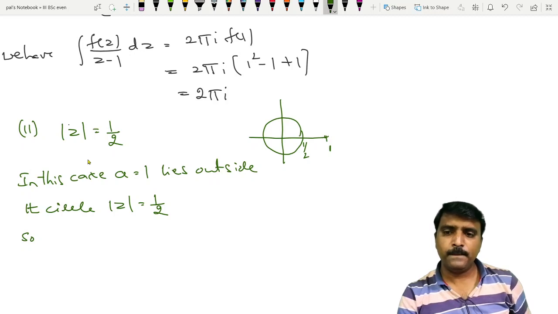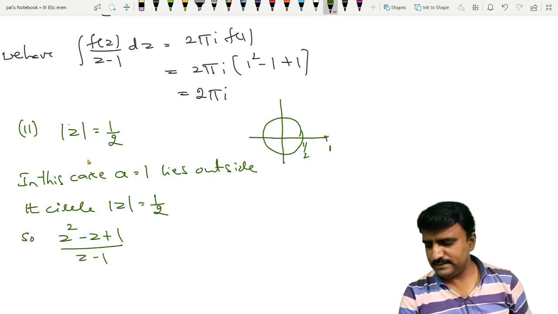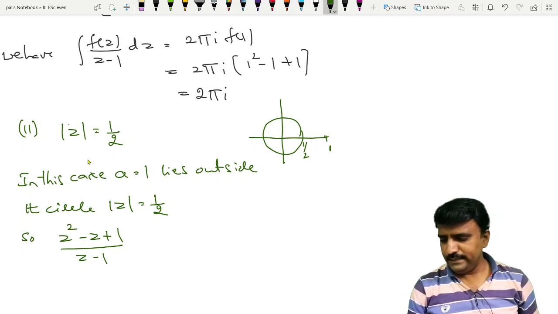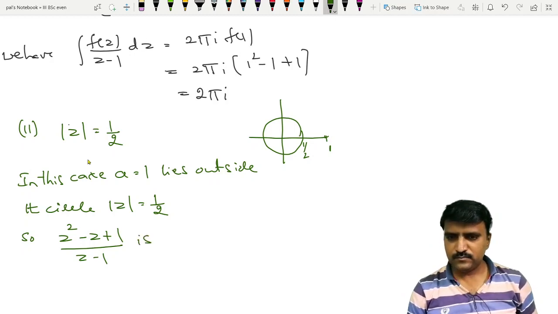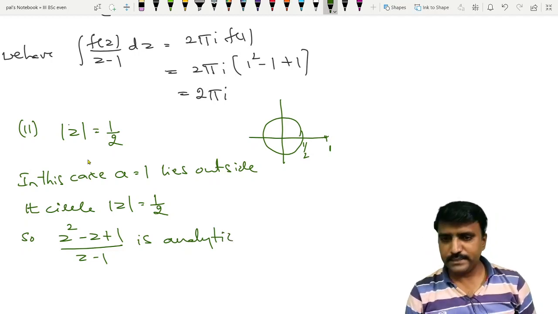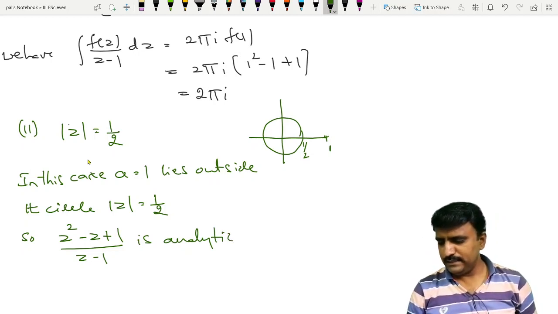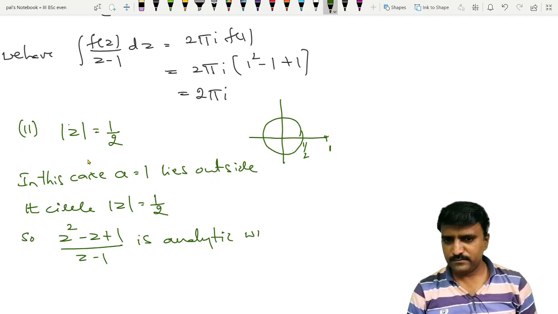So this function (z² − z + 1)/(z − 1), this complete function is analytic within C, or within |z| = 1/2.